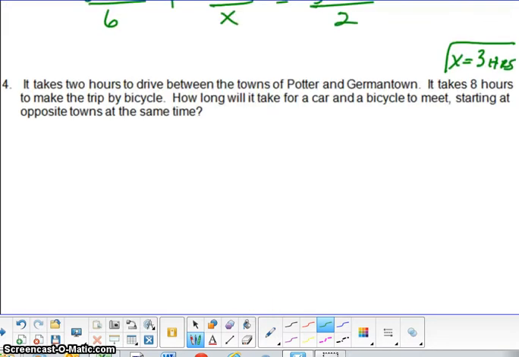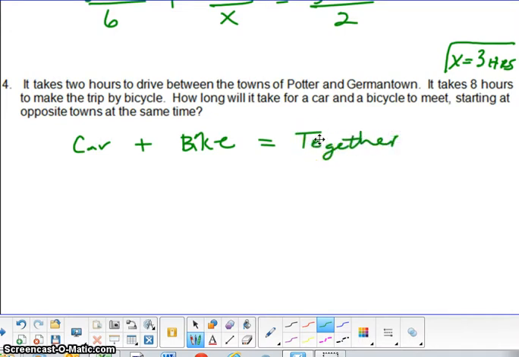All right, and then example number 4, we have 2 hours between Potter and Germantown, and it takes 8 hours to make the trip by bicycle. How long will it take the car and the bicycle to meet, starting at opposite towns at the same time? Okay, so then we have the bike and then a car, because it's asking you to drive, and then we're trying to figure out how much it is together.